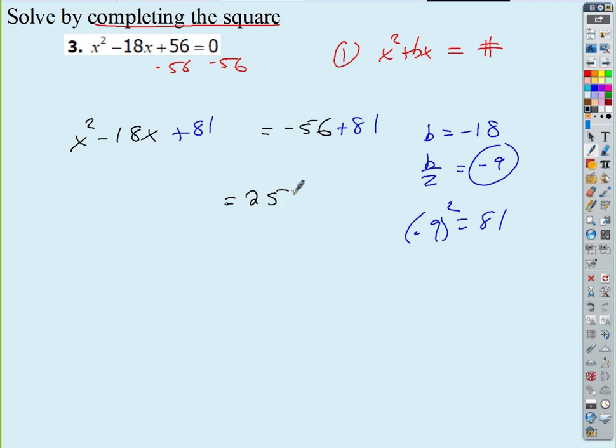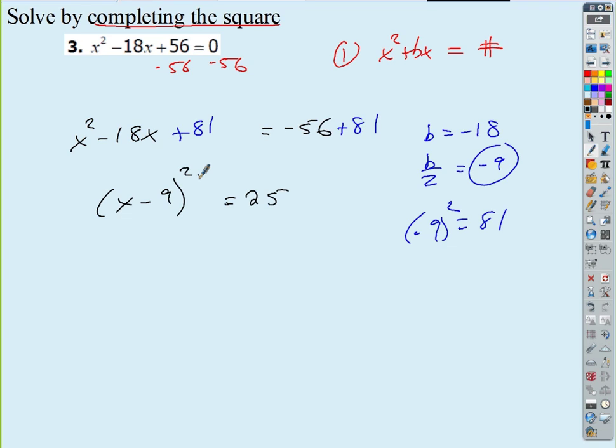So what about the left side? I'm going to factor it, right? Dominic, what are my magic numbers going to be? Negative 9, and we know that. It's always going to be half of b, right? So we're going to get x minus 9 squared. x minus 9 times x minus 9, right? Okay, so we're done completing the square.